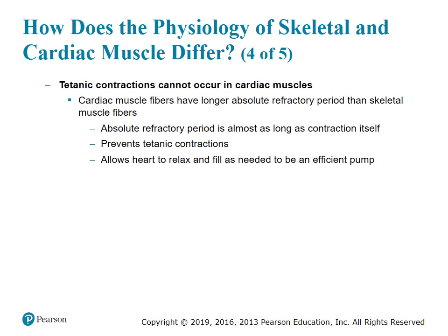There's a small period before repolarization happens, and then you can contract again. Well, in the cardiac muscle, it's much, much longer. Almost the entire time it takes to contract is the refractory period. And the reason is that we need to have time so that blood will fill up into the heart. Okay? So the refractory period is long.